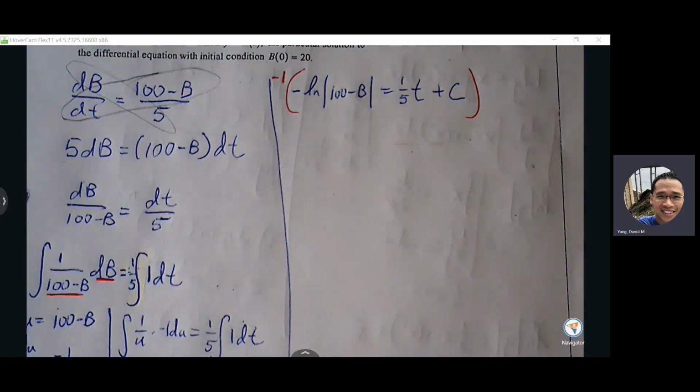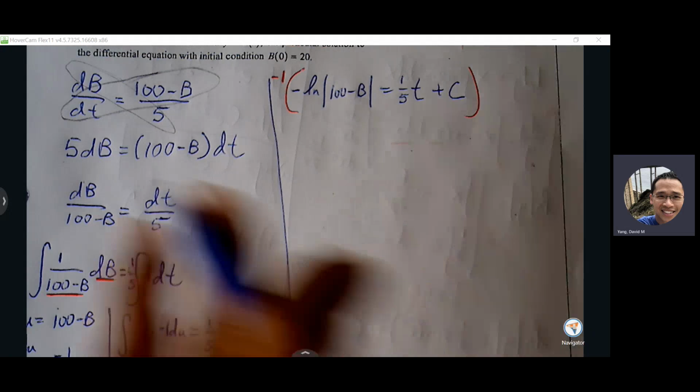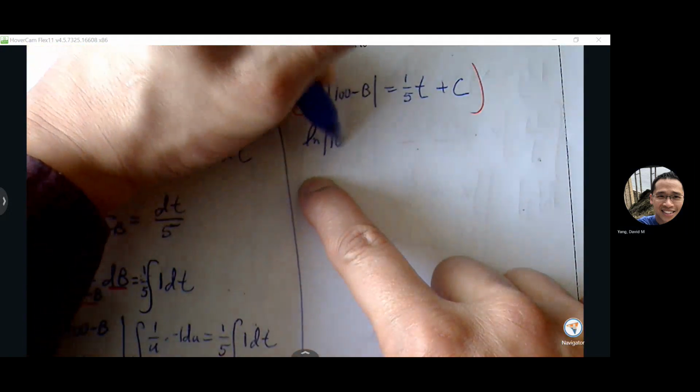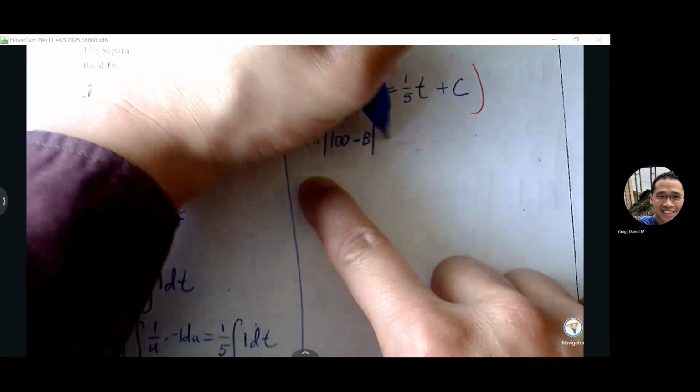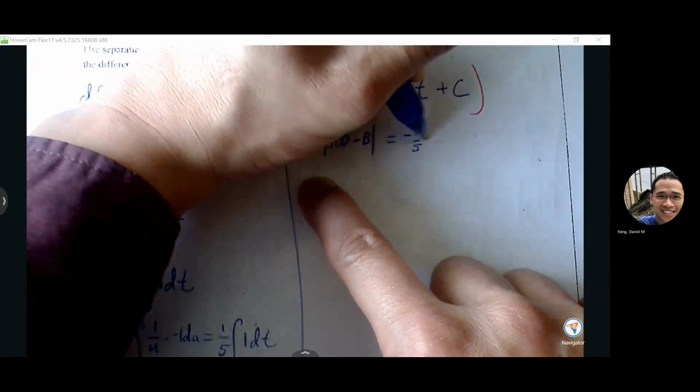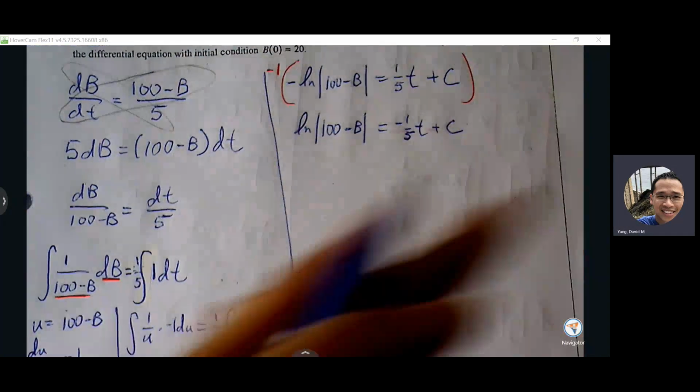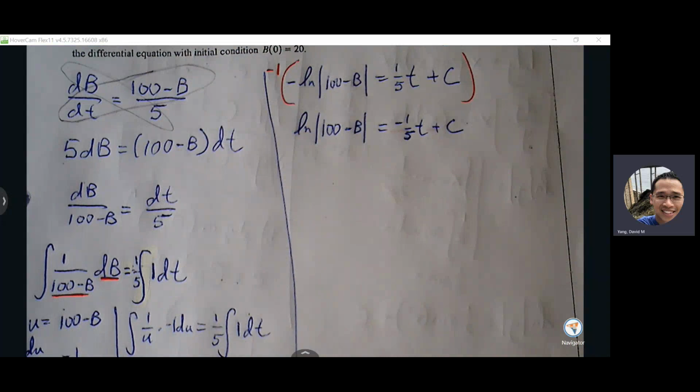If I distribute the negative through, I want that left side to be a clean natural log, because e to the negative natural log doesn't have that nice property that we want. And I'm still leaving that as a plus c, because c just represents all positive and negative numbers, so I don't have to change the sign there.